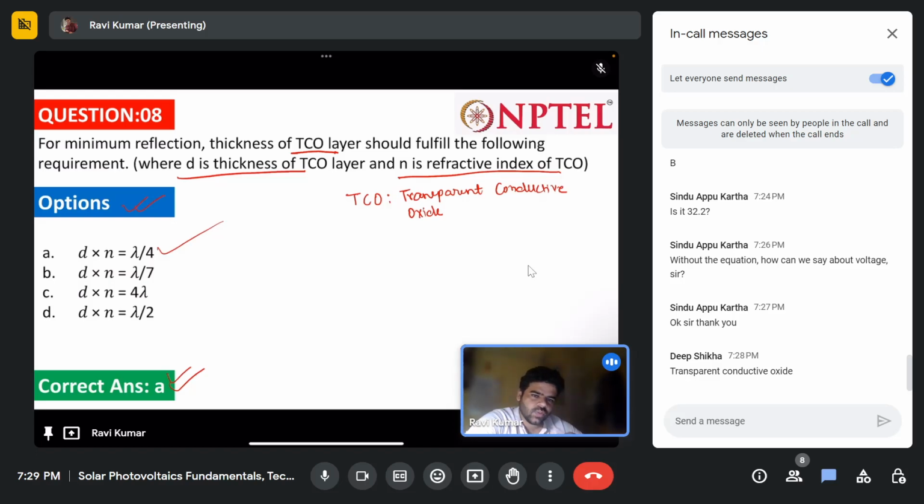Because it is on the surface of a solar cell, the thickness and refractive index of this TCO layer should fulfill this criteria so that the light incoming from any source like the sun passes through the TCO layer into the solar cell. TCO should not block any light incident on the surface of the solar cell, and this is the criteria.